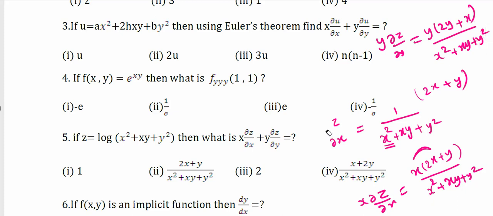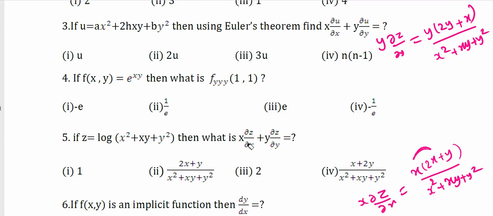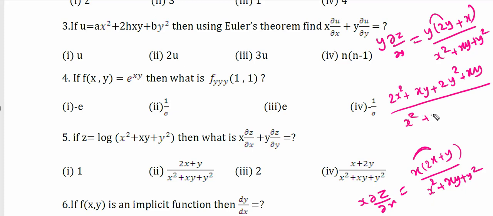Now adding these two terms, because we have to find x dou z by dou x plus y dou z by dou y. Adding these two terms, the numerator is 2x square plus xy plus 2y square plus xy, divided by x square plus xy plus y square.